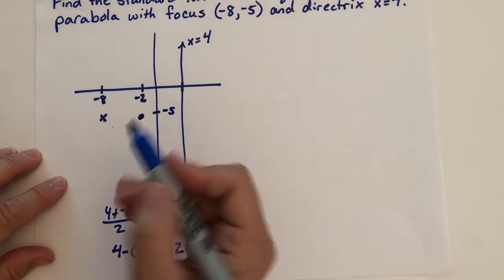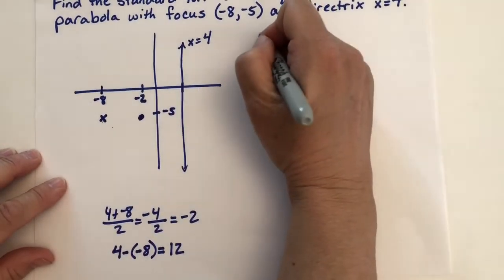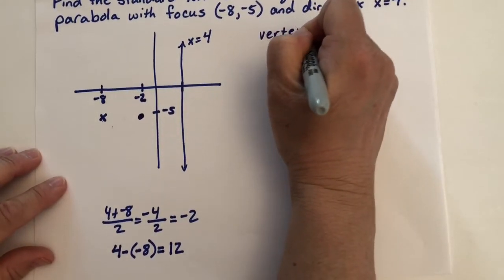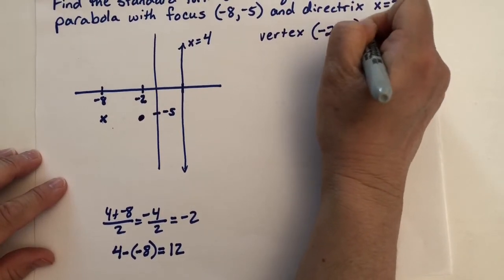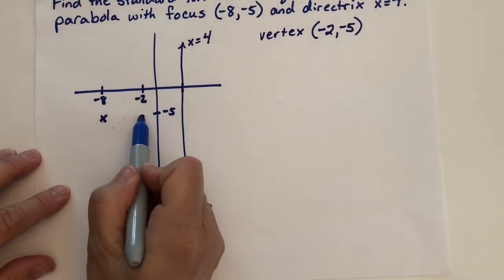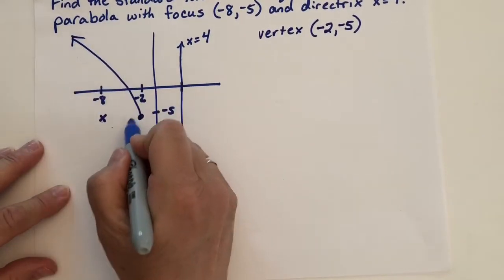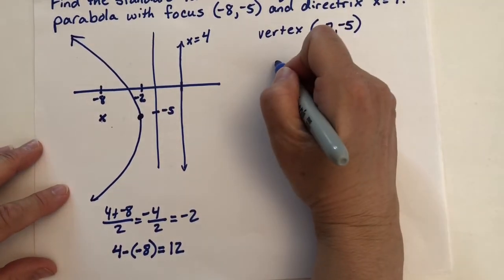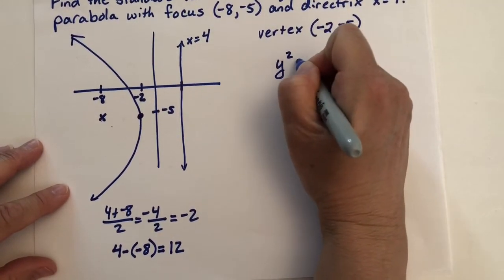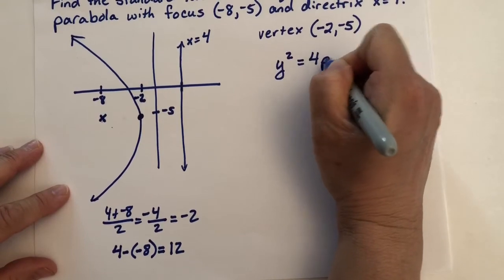So our vertex is at -2, -5. And let's just draw a little sketch to remind ourselves that this one opens to the left. So if it opens to the left, that means we have a y squared equals 4px type.